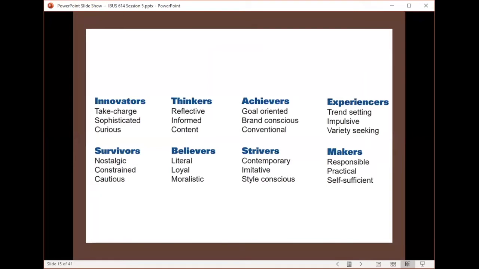So given that they are also loyal, they would like to stick with brands that they are already using and are comfortable with. So they'll stick with what is familiar. And because they are low in innovation, they will be largely technology averse. They would not want to veer off and try anything new, which contributes largely to their loyalty. So they'll like to stick with the familiar and stick with what they know.